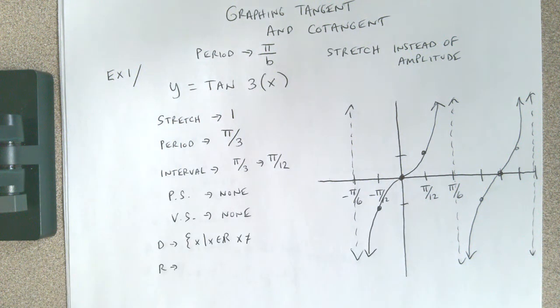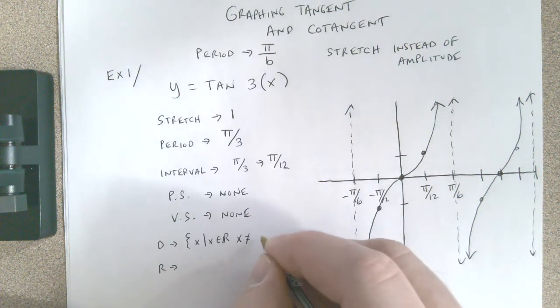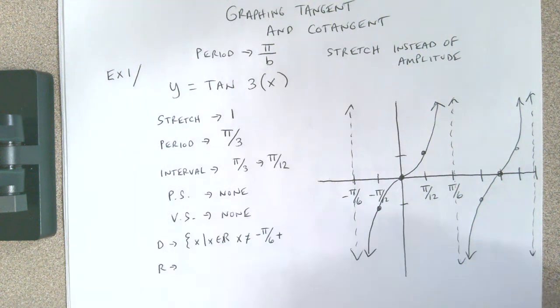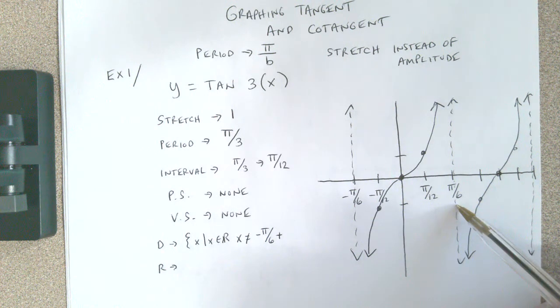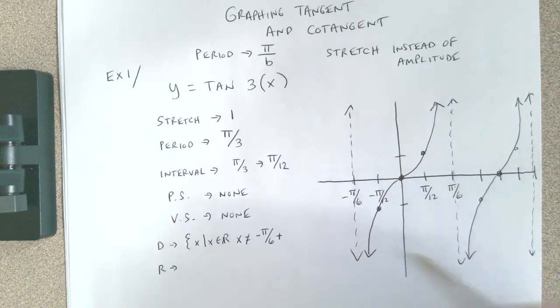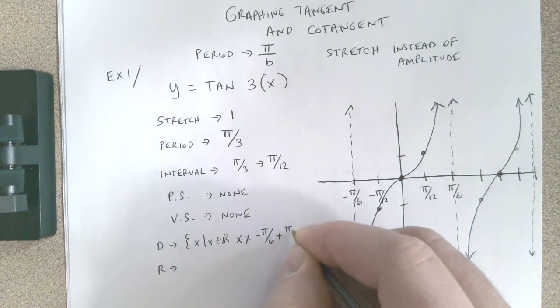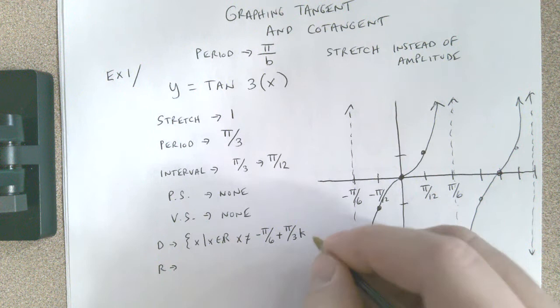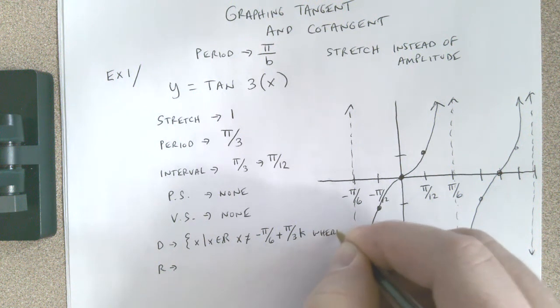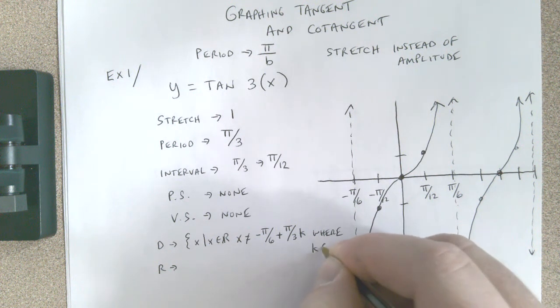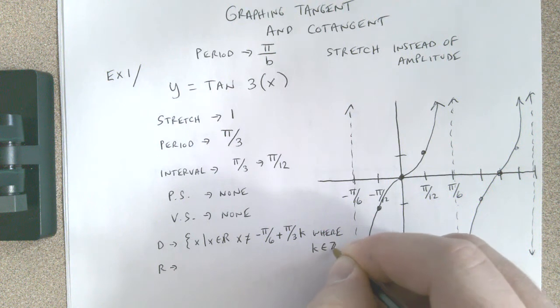Notice in this one, the furthest one to the left would be my negative pi sixth. The distance from this asymptote to this asymptote is my period length, which is pi thirds. Then I'm going to put k after it, where k is an element of all the integers.